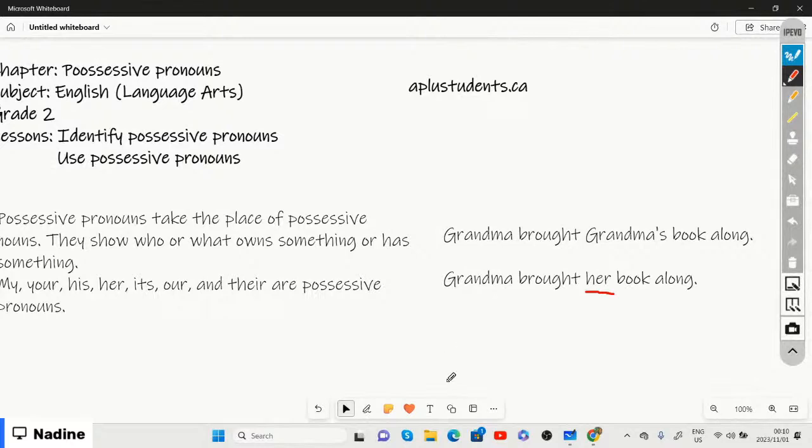Because now you're asking yourself, whose book is it? It is grandma's, because she is bringing it with her to the park, beach, wherever.